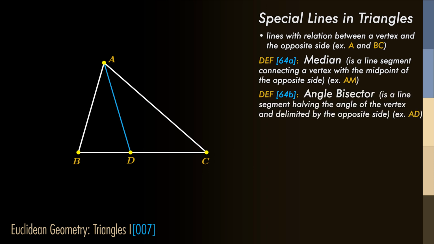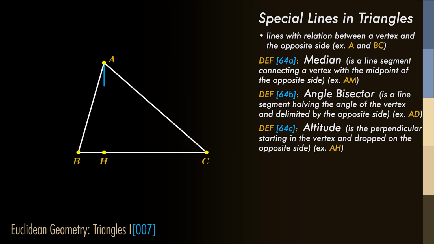An angle bisector in a triangle is the line segment that starts in a vertex of the triangle, divides the angle determined by that vertex in 2 halves, and is delimited by the opposite side. It is AD in the example. An altitude in a triangle is the line segment starting from a vertex of the triangle and perpendicular on the opposite side.